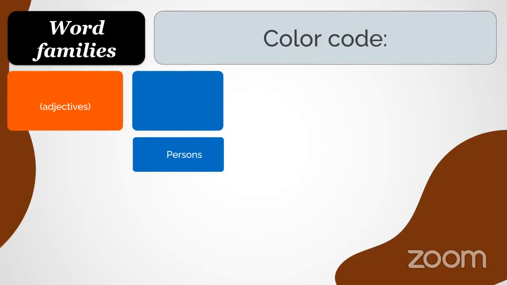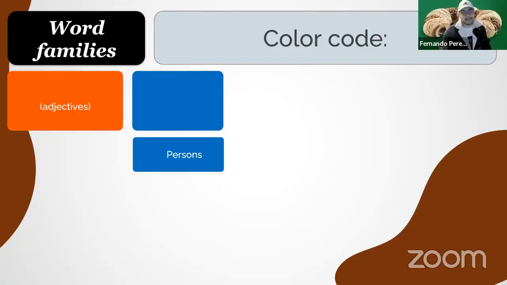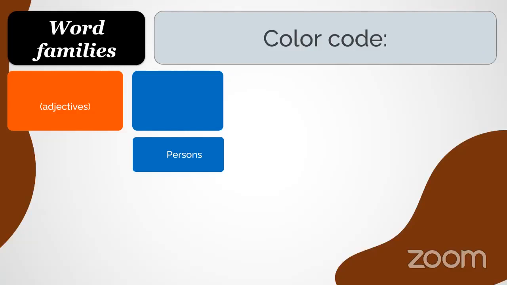Subjects is similar to persons. There was another word. For example, if you say remote, this is a blue word. Notebook, this is a blue word. Coffee, this is a blue word. What is this? Subjects?